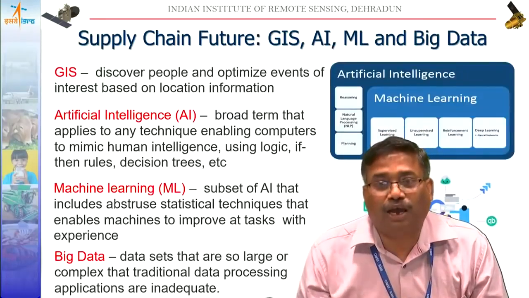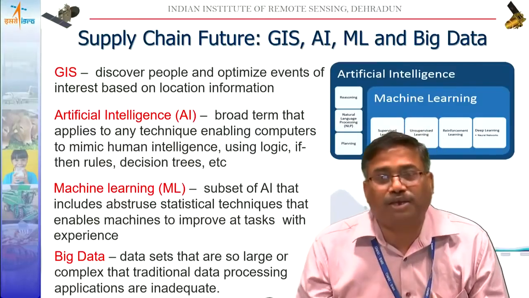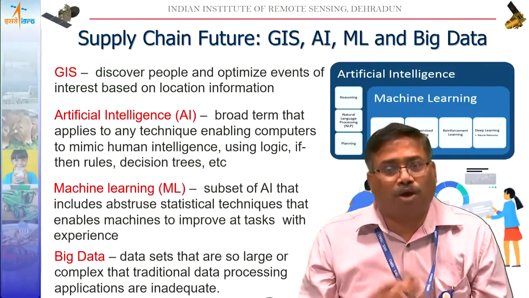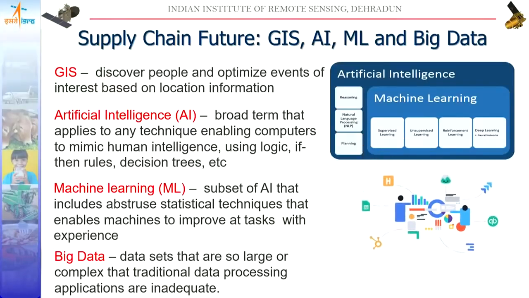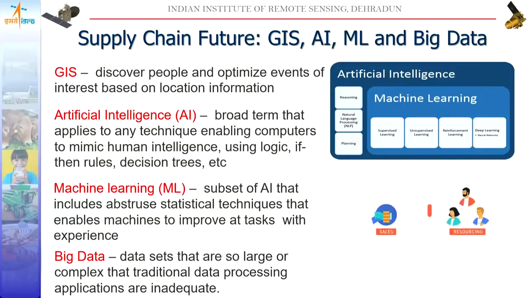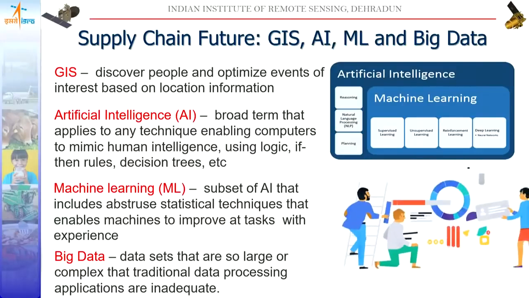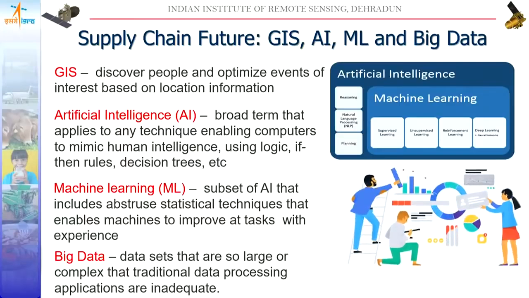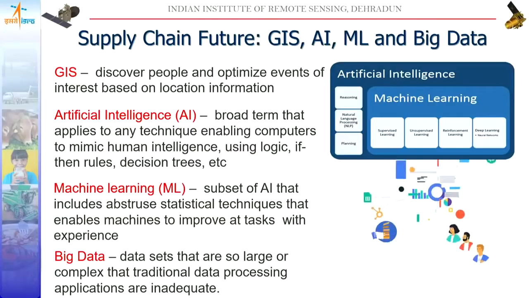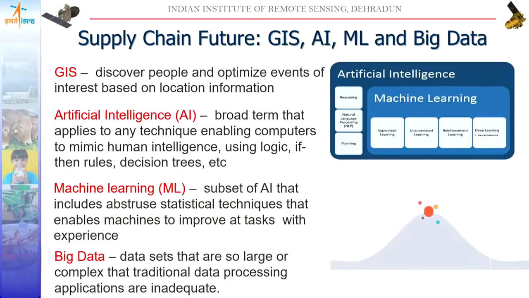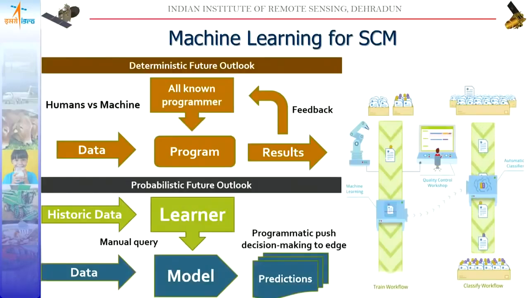So if you want to overcome all your traditional challenges, you can make use of not only GIS but also AI, ML, and DL, as well as big data. In fact, AI, ML, DL can really help you process all the information which is available in bulk, and ultimately the algorithms can give you some hidden information which you might be looking for. So if you adopt all these technologies along with big data, you can have some good information available.